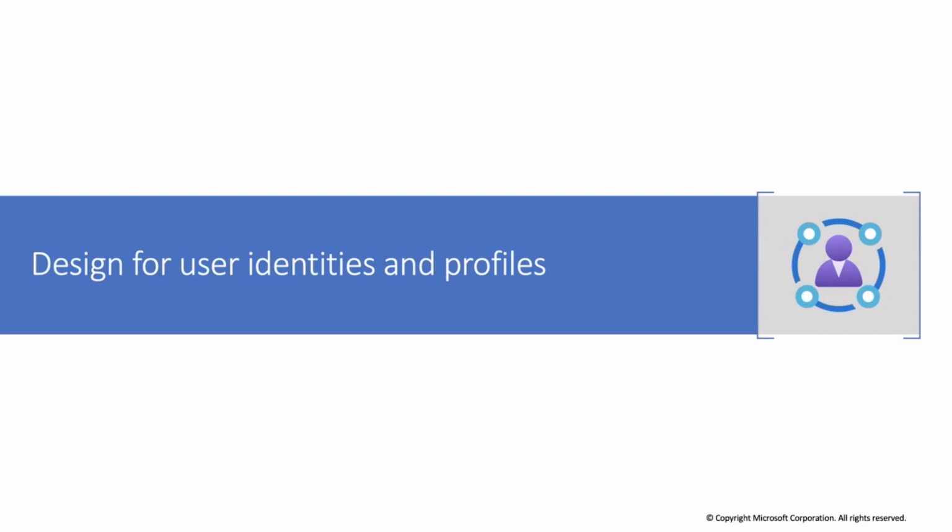Which directory service? If I'm working on a Windows on-prem, it is Windows Active Directory. But on the other side, if I'm working on the cloud, it is Azure Active Directory. So depending on which platform we are working on, that is how we can pick and choose.